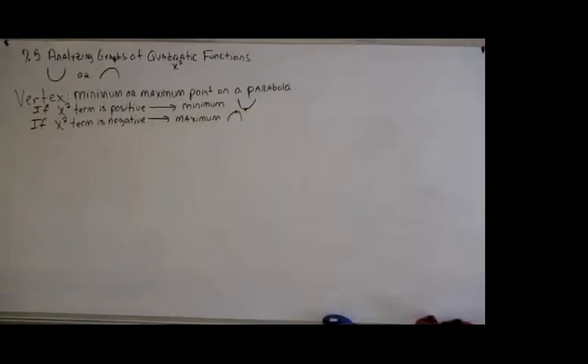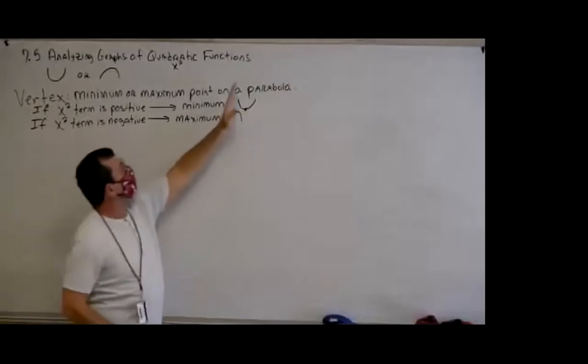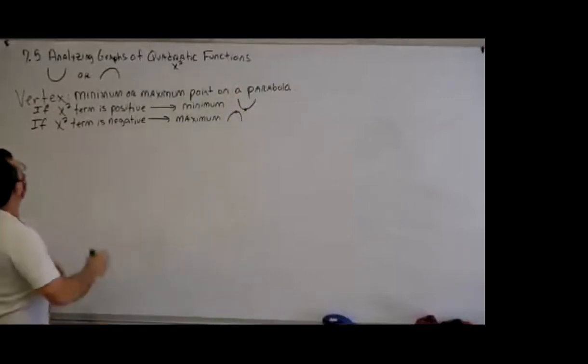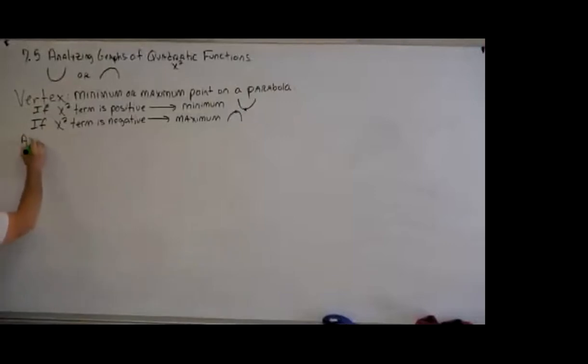Two other things I can get from that vertex point. First thing, if I split that parabola right in half, I have what we call an axis of symmetry, or other times I'll just call it a line of symmetry.